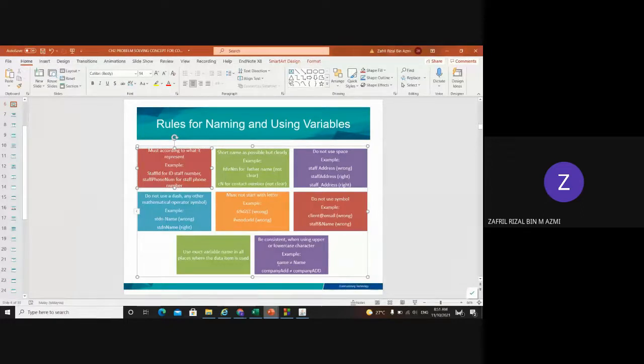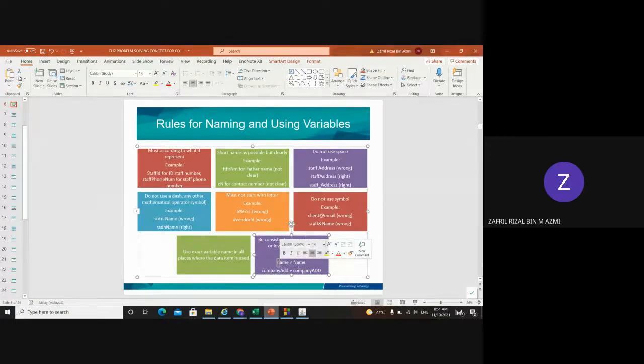So you must be consistent. If you want to use capital N, use capital N throughout your program. If you want to use lowercase n, use it consistently throughout your program.